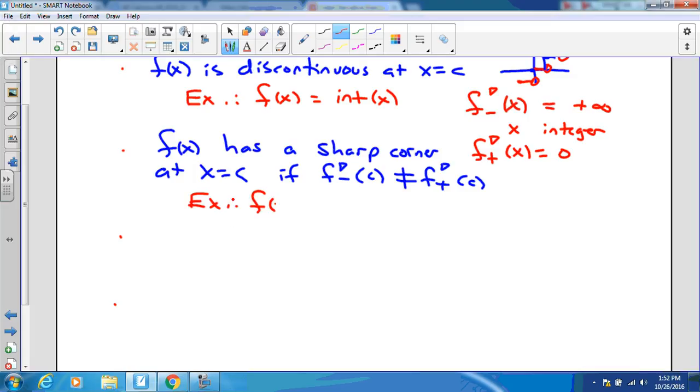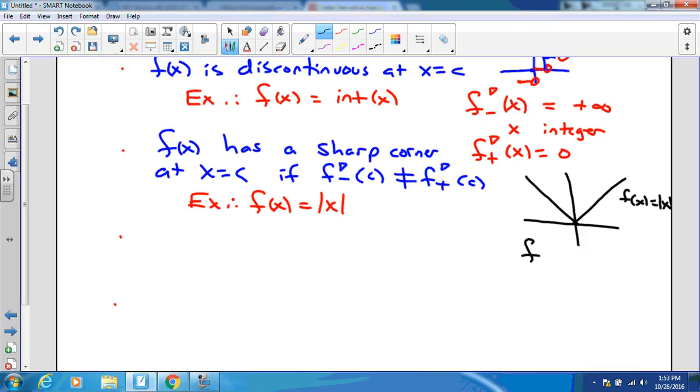The classic example function for this is f of x equals the absolute value of x, which we have seen several times. If we take a look at f of x equals the absolute value of x, you can see that f is continuous at x equals 0, but when I evaluate derivatives from the left and derivatives from the right at 0, I get different values.